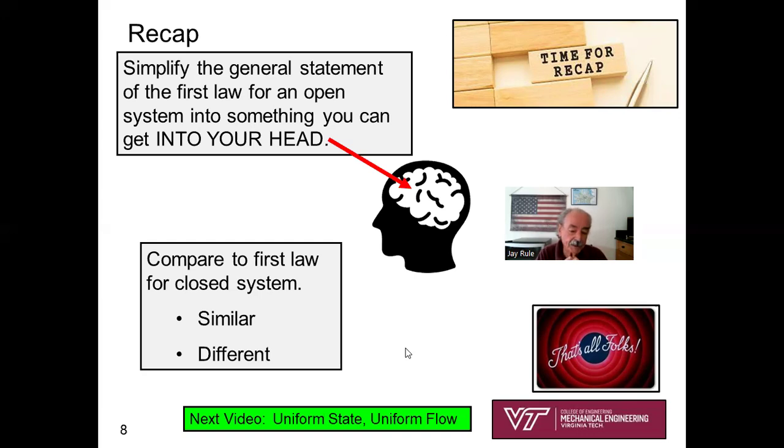And I tried to show you how they are similar and how they are different. And that's a key thing to understand and have at the top of your head so that you can perform well on quizzes, tests, and the exam, and you can prepare yourself to be a practicing engineer as well.